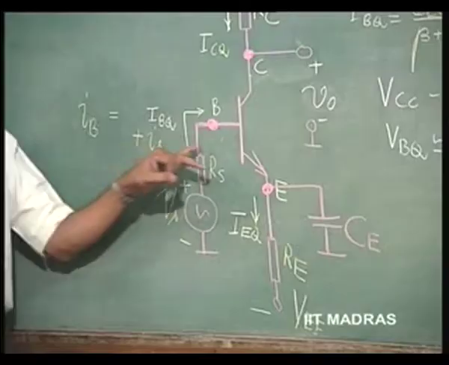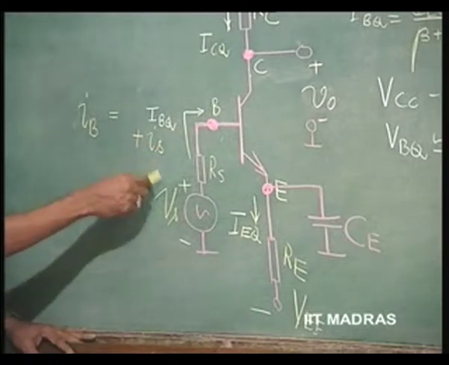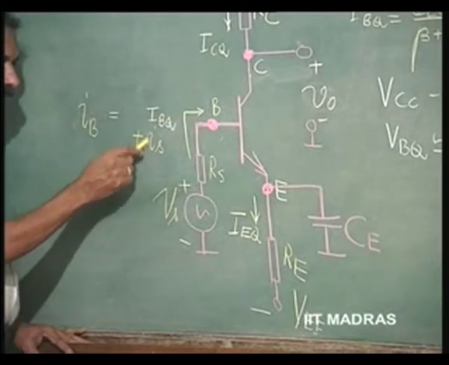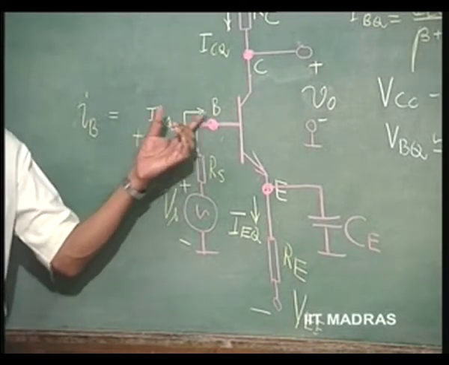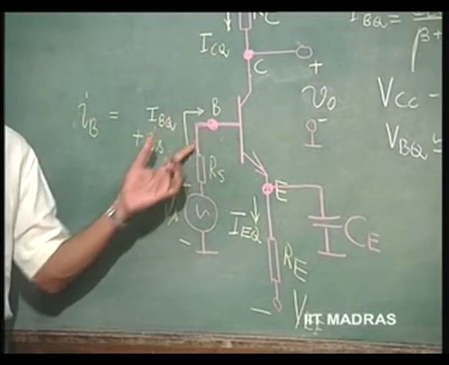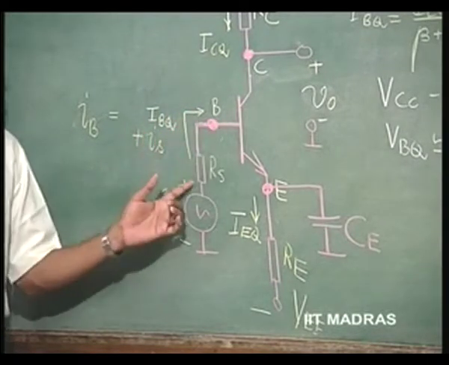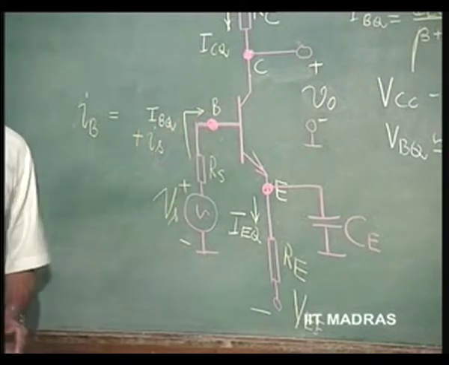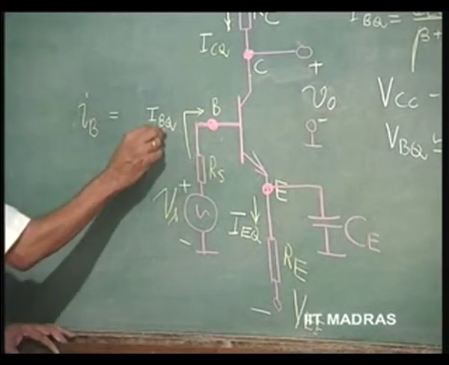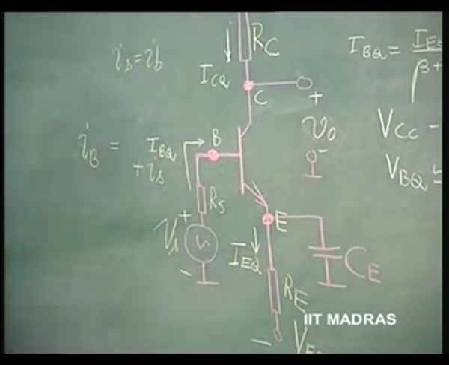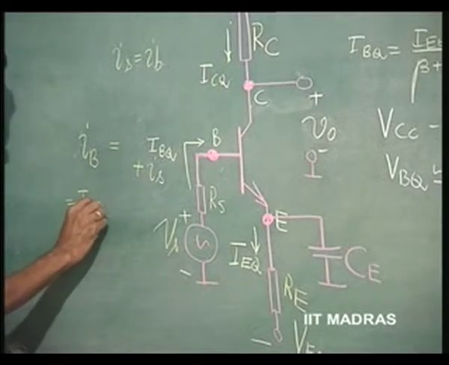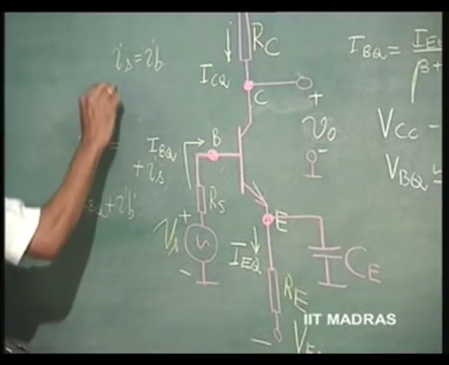In this case the incremental value of signal current is the same as the incremental value of base current, so IS is equal to IB here. So this is actually equal to IBQ plus IB, because IB is equal to IS.